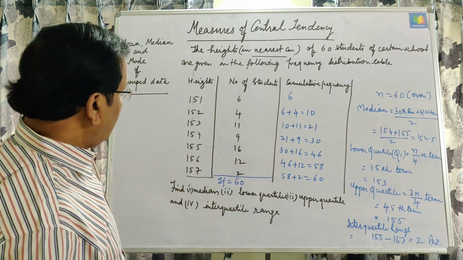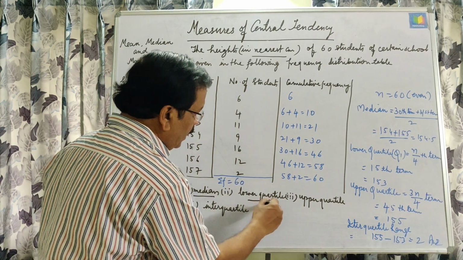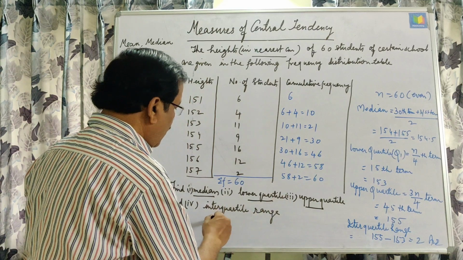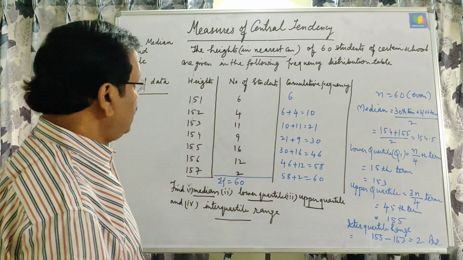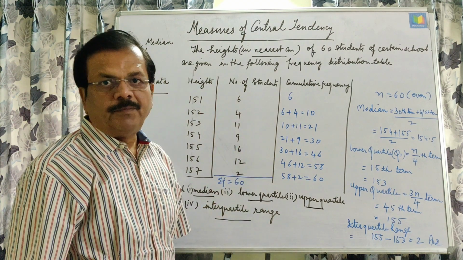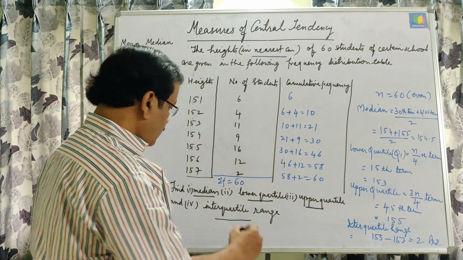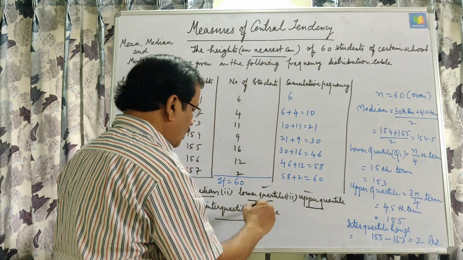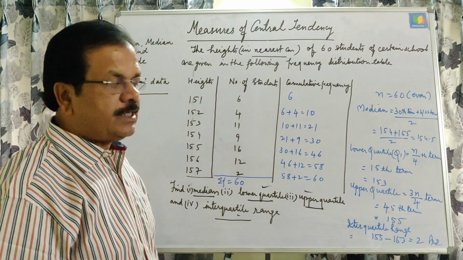Now we have to find in this question the median, lower quartile, upper quartile and interquartile range. In the last question we saw how to find the mean, median and mode with this type of data. Now lower quartile, upper quartile and interquartile range are also there in your syllabus.